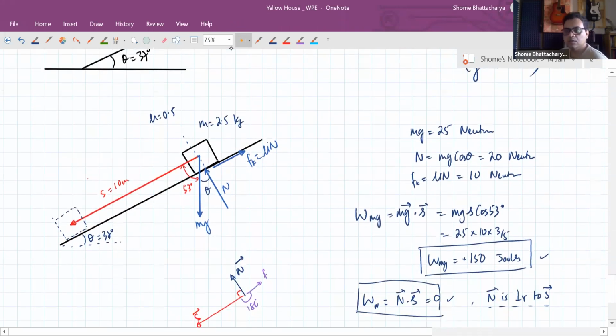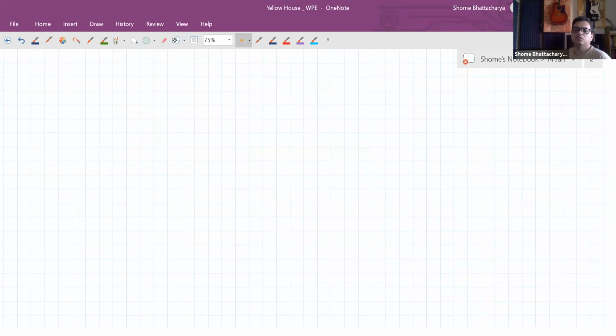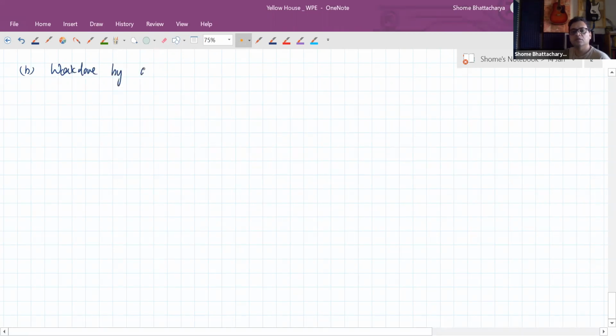Now next we will see, what if a force is changing while the body is moving, or we have what is called a variable force. Then how do we calculate work done in that case? Okay. So coming back to definition of work done by a variable force. So by variable we mean that the force F is changing.